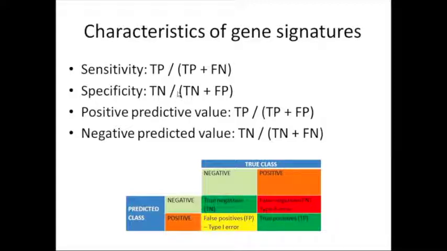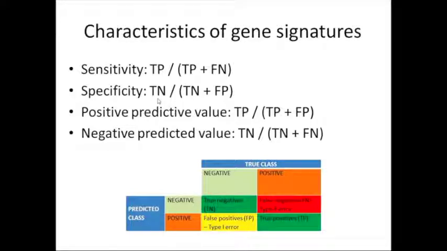And the sensitivity, the value of sensitivity, is the number of true positives divided by the sum of true positives plus false negatives. This sum, true positives plus false negatives, is the total number of patients in the positive class. So in fact, it is the fraction of patients in the positive class that are also classified as positives.